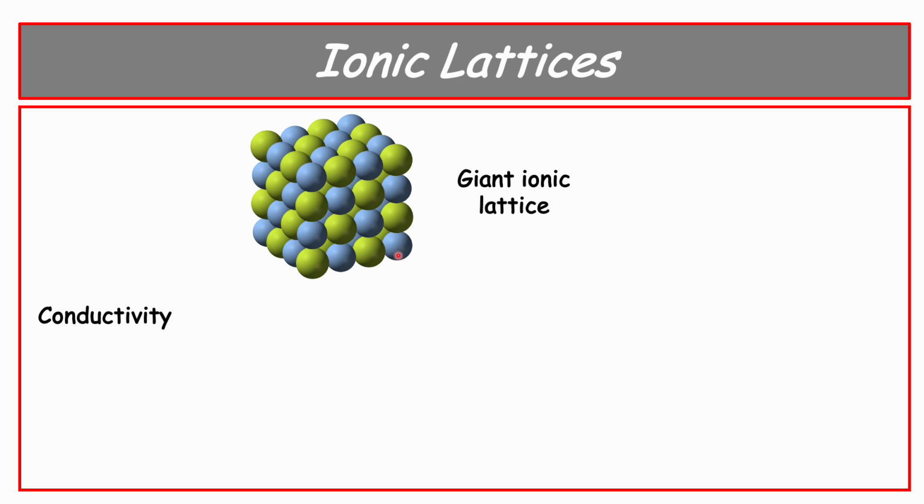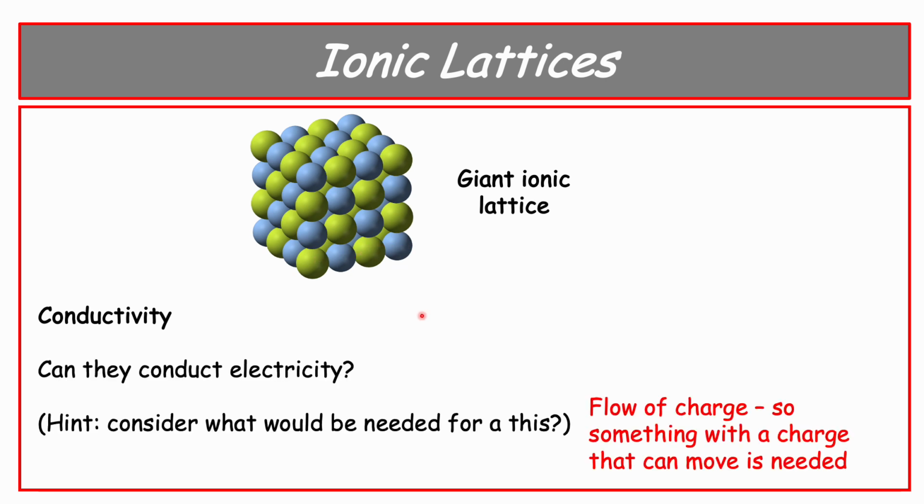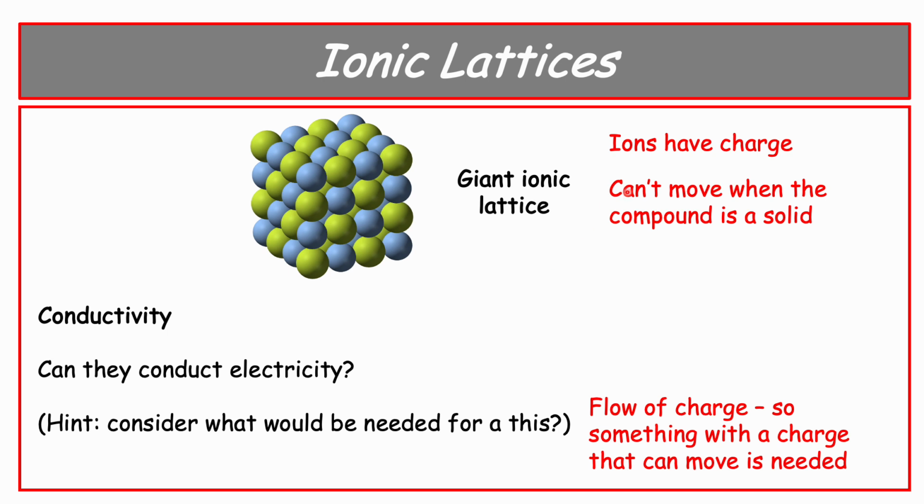So that means that ions in a solid cannot move and carry a charge. So that means ionic compounds can never conduct electricity when solid because they can't move. And we say that ions are in a fixed position. So ionic compounds do not conduct electricity when solid because even though they have ions with a charge, those ions can't move.